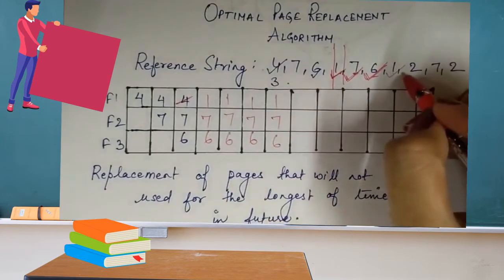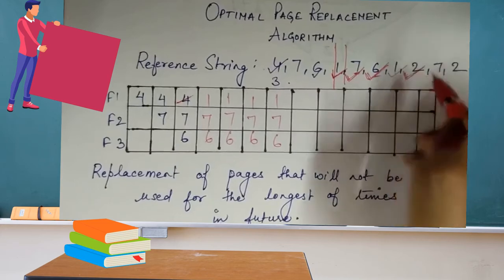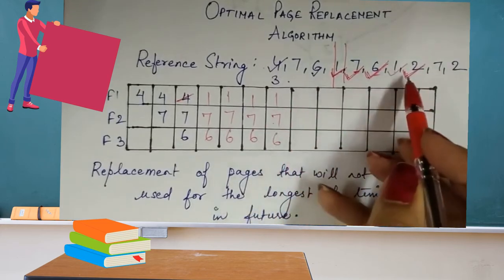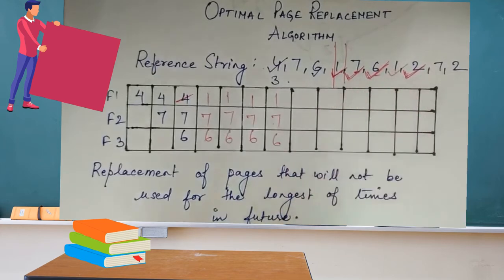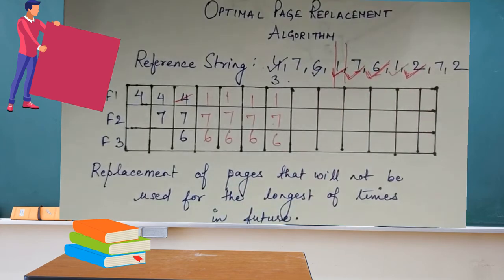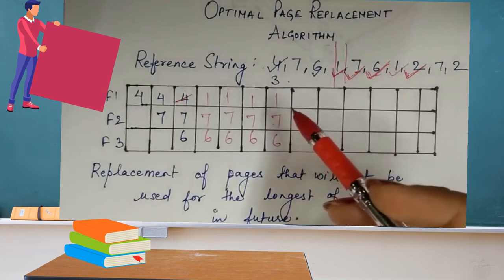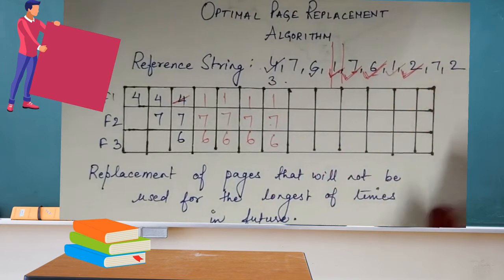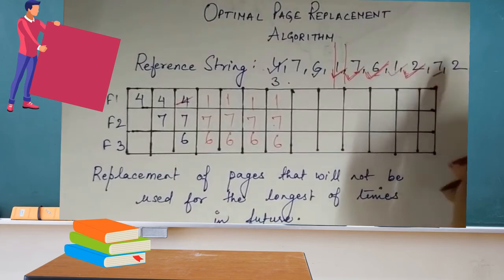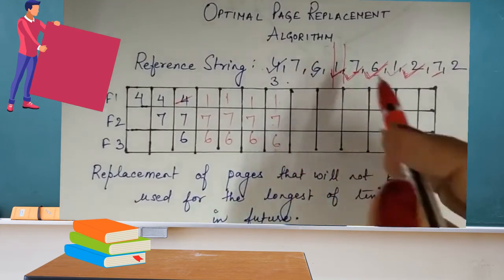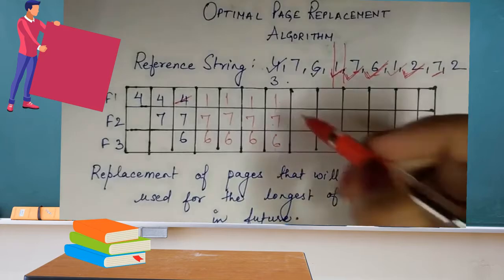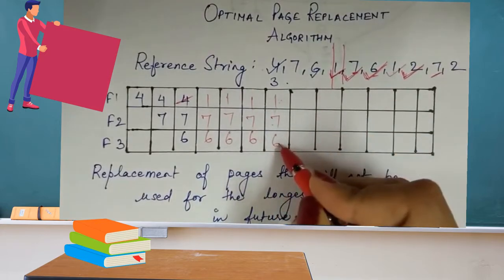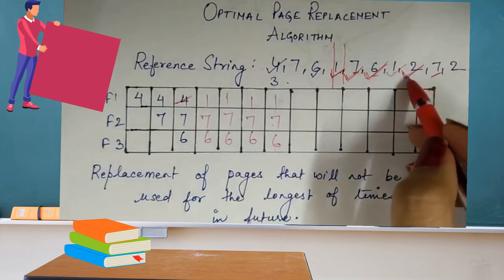Coming to page 2, 2 is not there in the memory, so we need to swap in 2. We'll see which of the pages does not occur for the longest time or is not demanded. 7 is there, but 1 and 6 are not demanded by the CPU at all, so you can replace either of the 2 pages with 2.